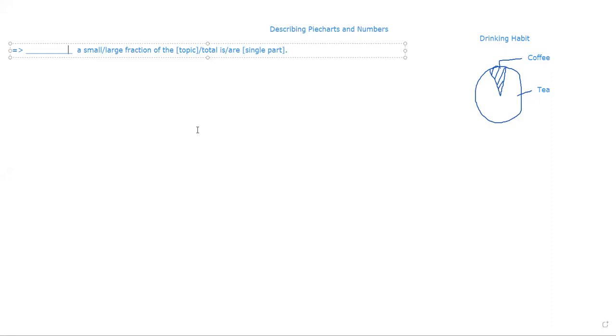Then the sentence would be: overall a small fraction of the total is coffee, or you can simply say overall a small fraction of the topic. Now, what is the topic of this pie chart? A drinking habit. Exactly. So you can include the topic as well. Instead of saying of the total, you can say overall a small fraction of the drinking habit is coffee.